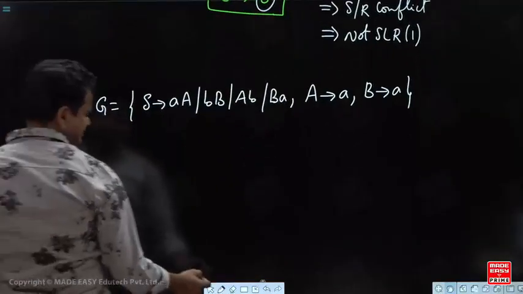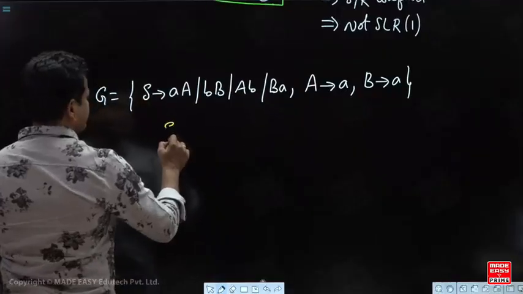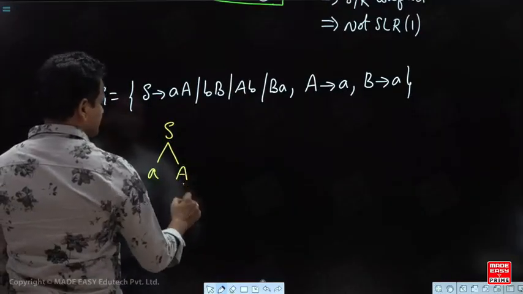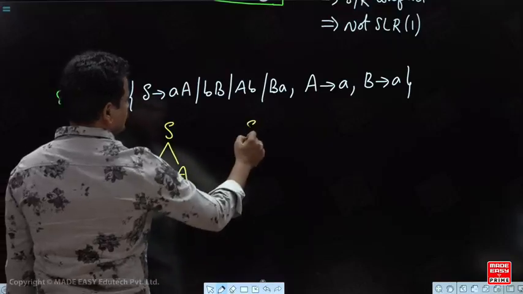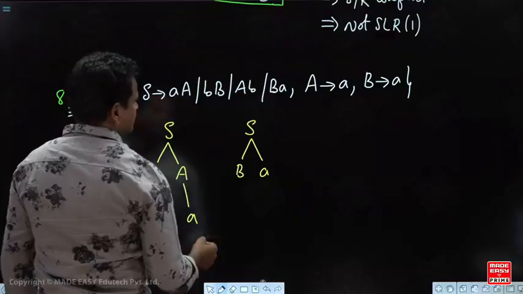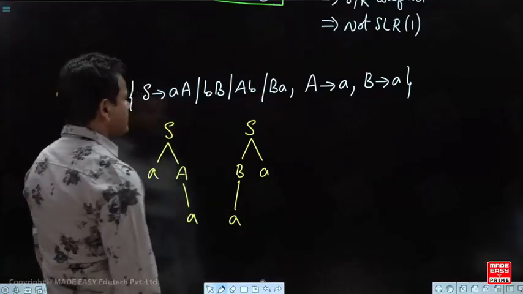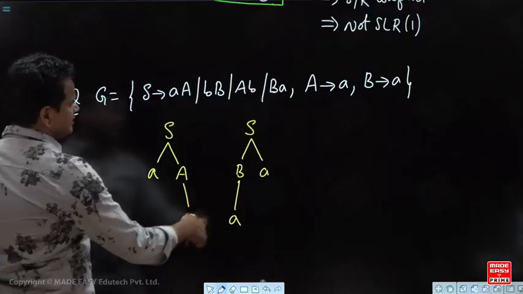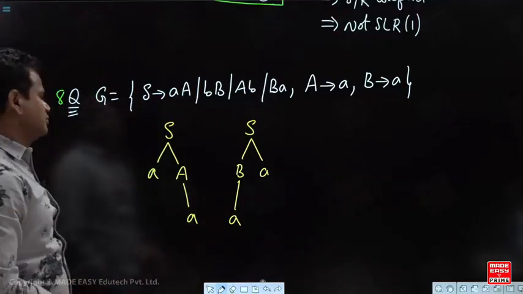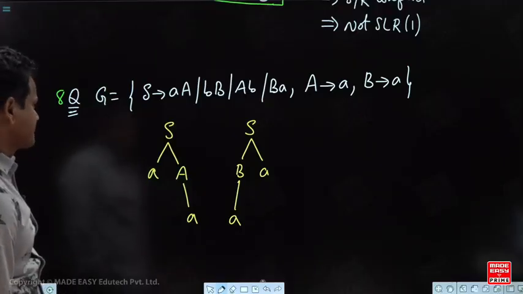It is ambiguous. Very good. Yes, there is A plus A. Yes, there is B plus A. Okay, AA then A, BA then A. So two different parse trees for the same string.